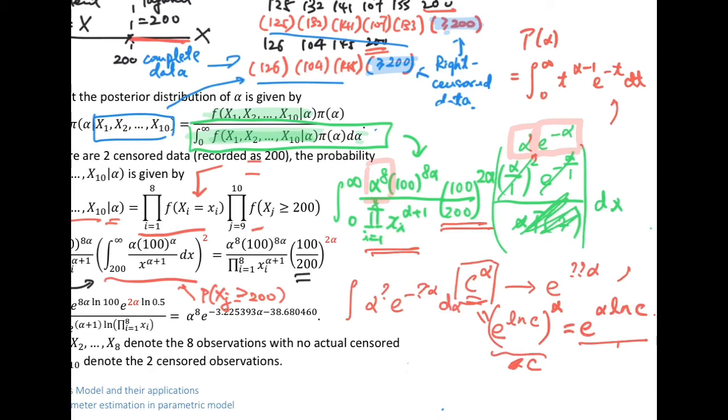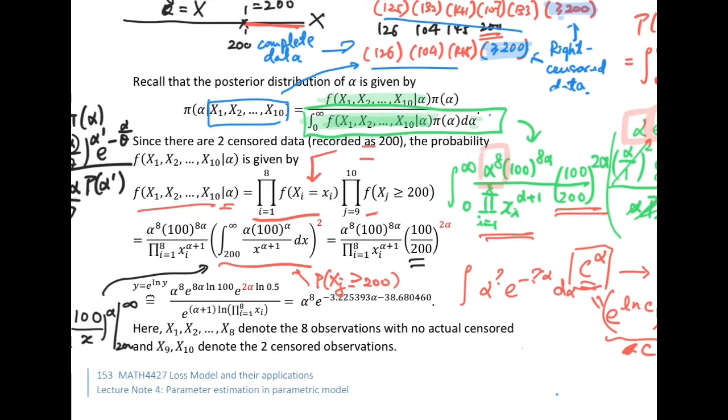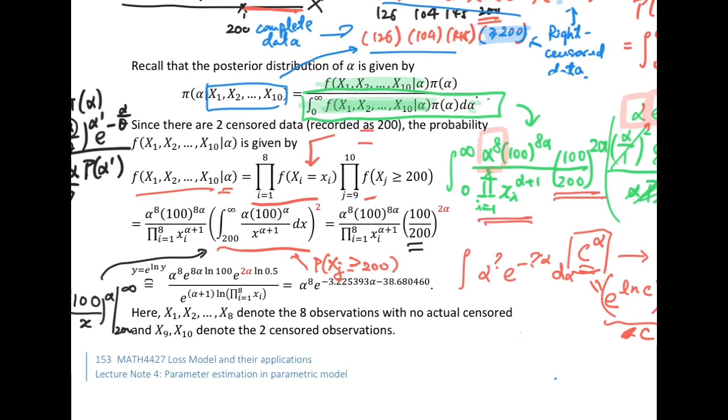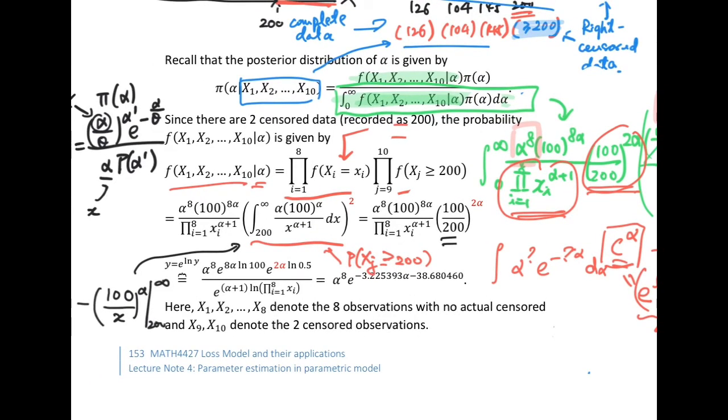So that's why what I'm going to do will be the following. Because these two terms appear in this function f, at this point, when you get this f, I will try to rewrite these two terms into this exponential function.